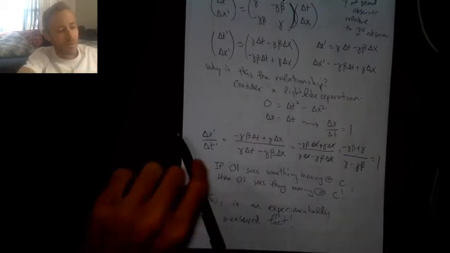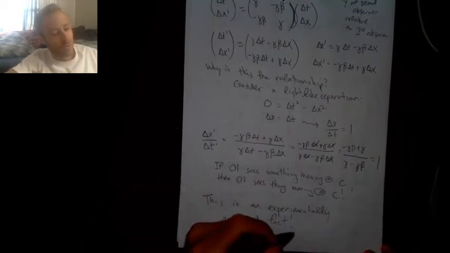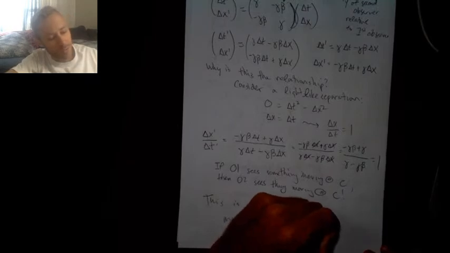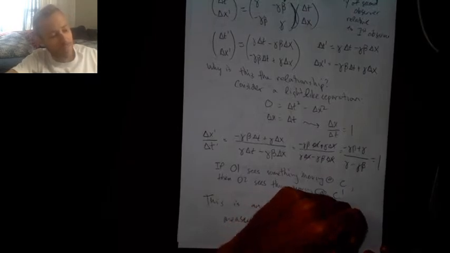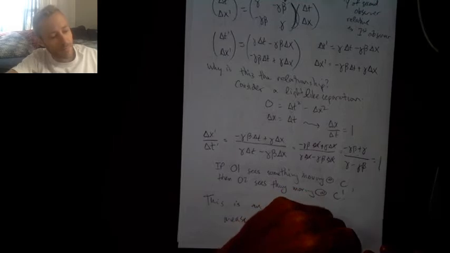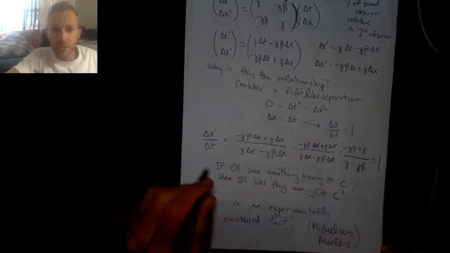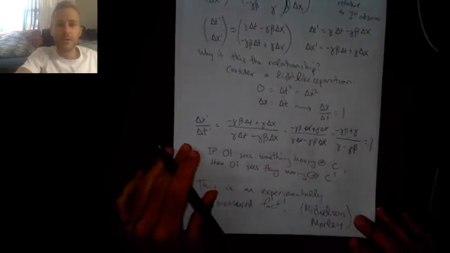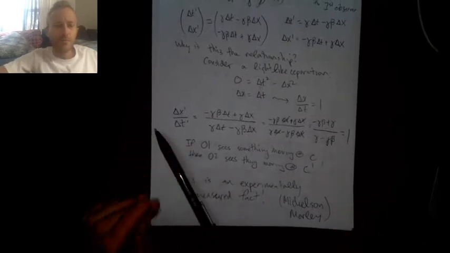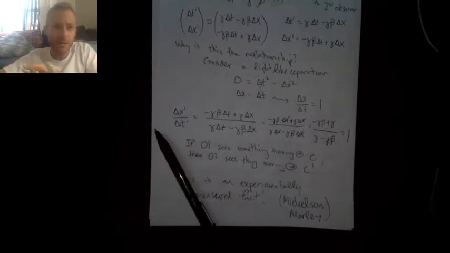What was the experiment that established this? It was called the Michelson-Morley experiment, and you can look it up if you're so inclined. Basically, Michelson and Morley measured the speed of light at different times of the year.